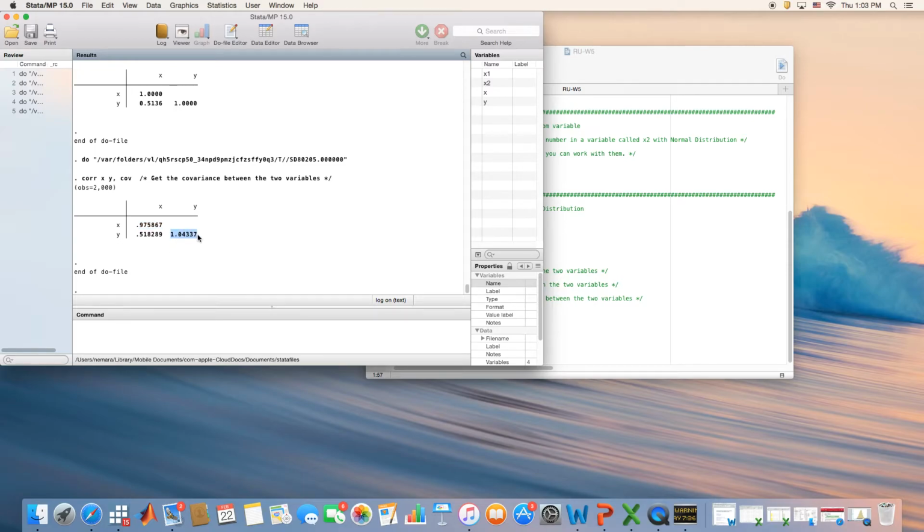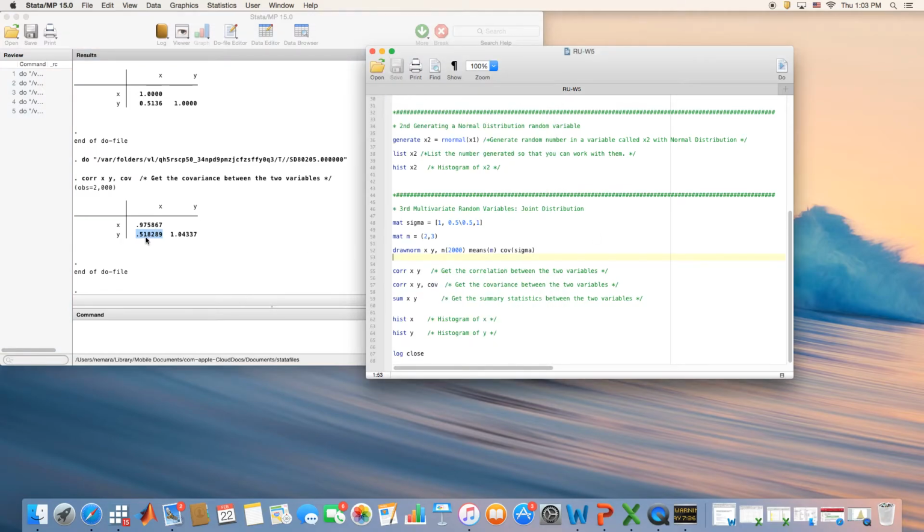The covariance of y and itself is 1.04337. You can also always approximate this number, for example, 1.04. And its square root would give you the standard deviation of y. And this one is the covariance between x and y. Again, positive, and equal to 51. I can always approximate it to 51.83 to the second decimal.